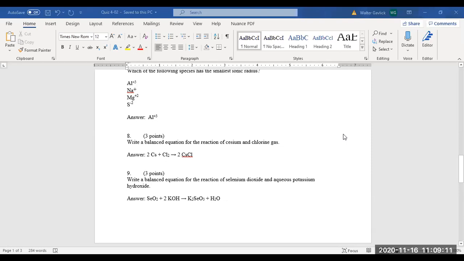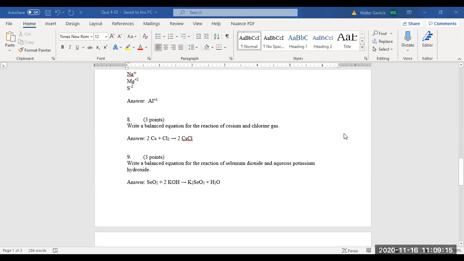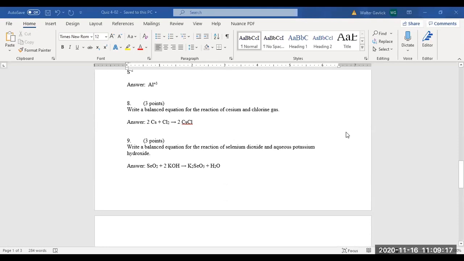Number 8, 9, and 10 were all writing balanced equations. I'll just say a couple things about getting points for these 3 questions. First of all, you had to write the equation going the correct way. In other words, the reactants, which are the things mentioned in the question, had to be on the left of the arrow, and then over to whatever the product is.